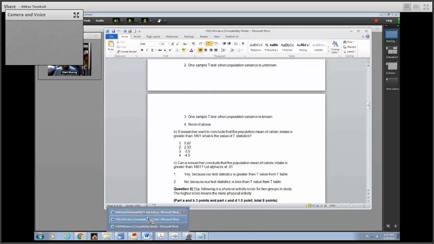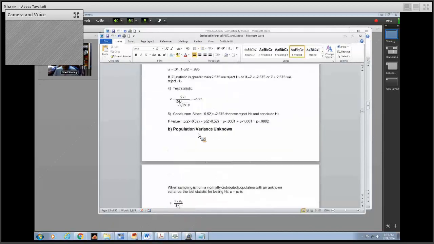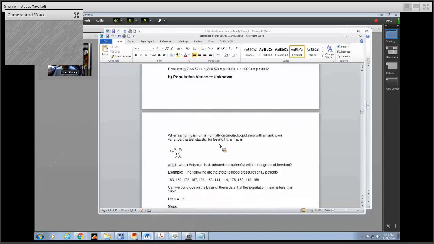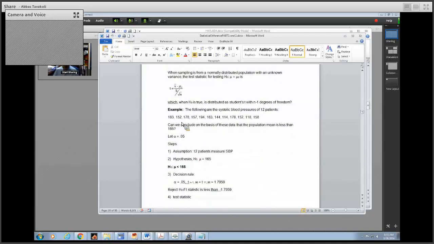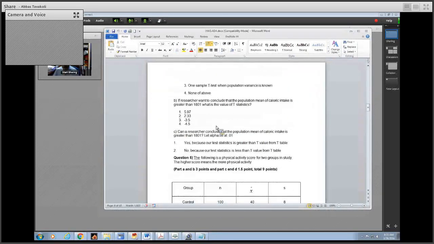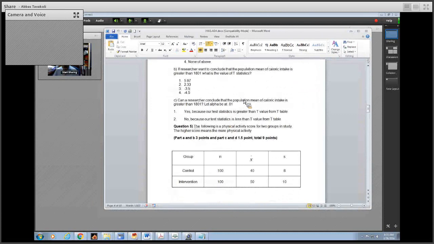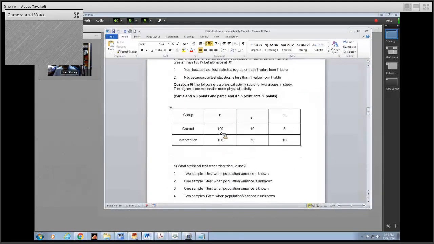So for problem 4, again, let's say a researcher who studies daily caloric intake for a certain adult population, a sample with N equal to 36, the mean is 1900 with a sample standard deviation of 100. So now here you have information about the sample, not about the population variance.